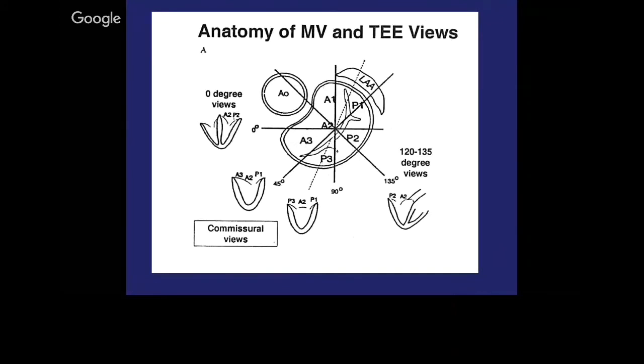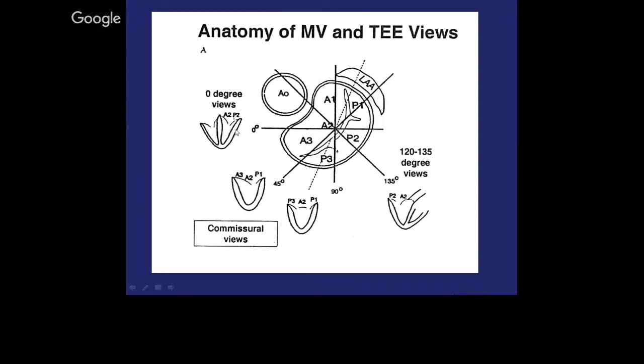We change the degree, so it doesn't have to be fixed because the anatomy is different for different patients. For some patients, it may not be exactly at 0 degrees when you see that 4-chamber. So you have to make some adjustment. It might be 15 degrees. So you play with it until you see what you're looking for.